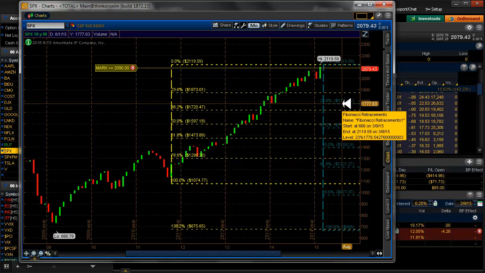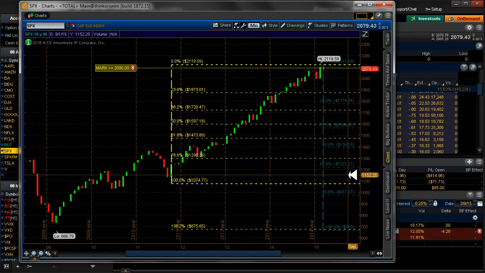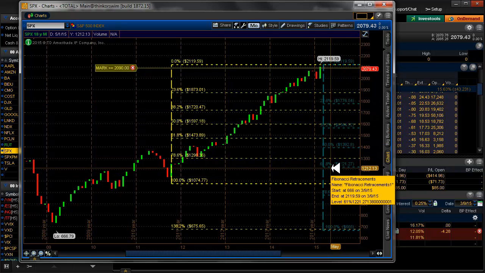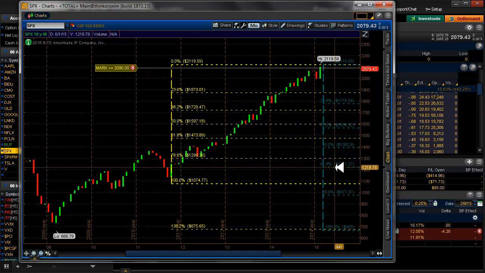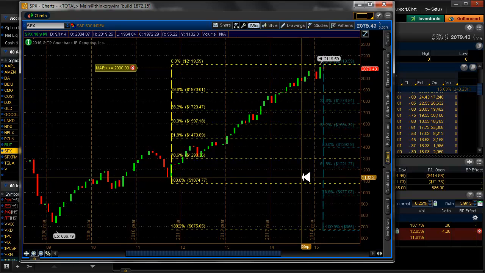Okay, so a 26% retracement brings us to 1177 or 1777. 61.8 would bring us to 1221. So those are some big moves there.